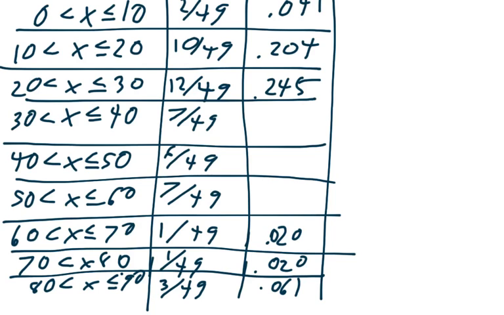And 7 out of 49 is 0.143. And 6 out of 49 is 0.122.